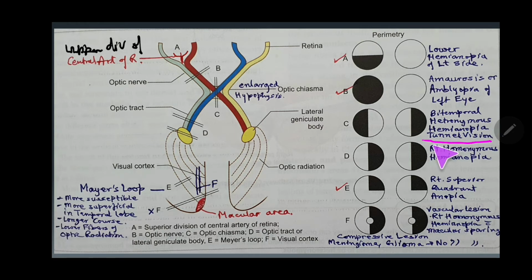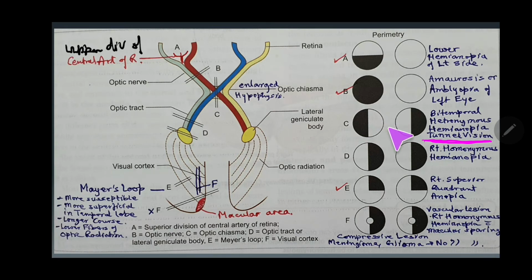If they ask you to give an example of tunnel vision, out of the different sites of lesion they can ask which lesion will lead to tunnel vision. Tunnel vision is when the temporal fields of view of both eyes are lost, so you can only see through the temporal retina. The central portion of the visual field will be intact, so you cannot see on the temporal sides with both your eyes.